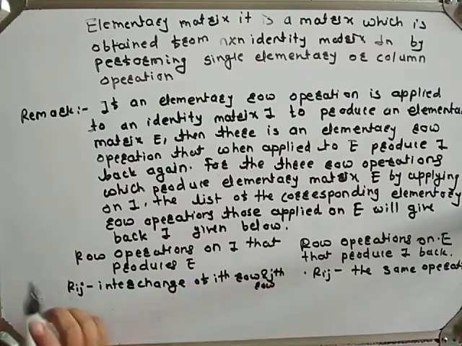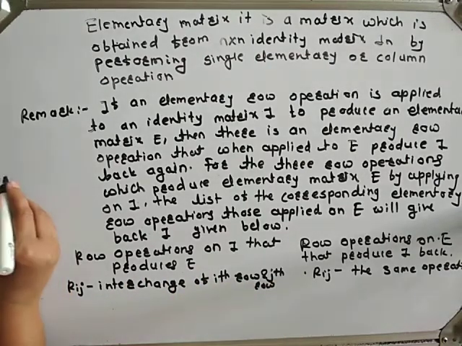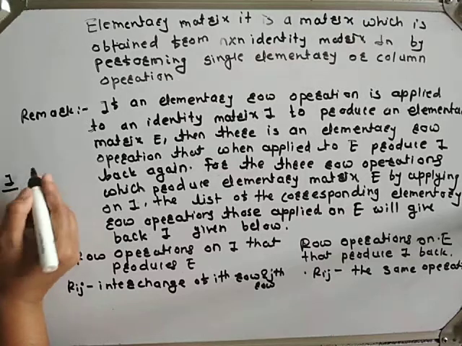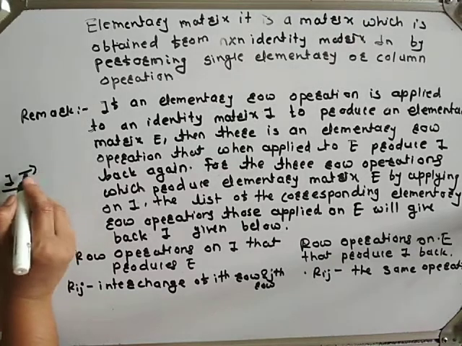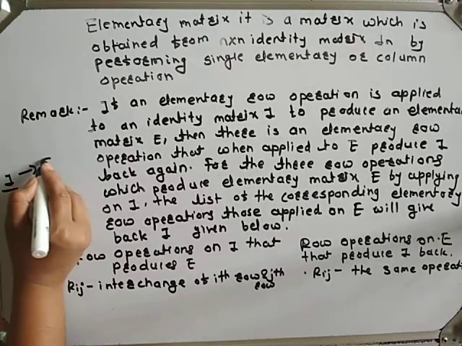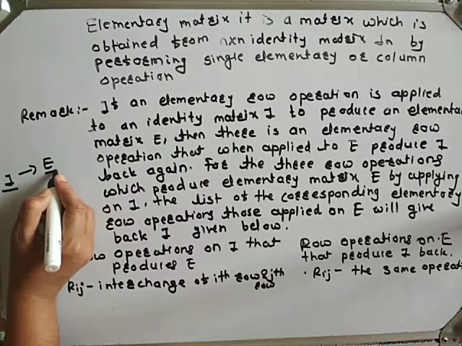See here, what is this? If you have the I matrix, then you perform some elementary row operation and you get the E matrix.